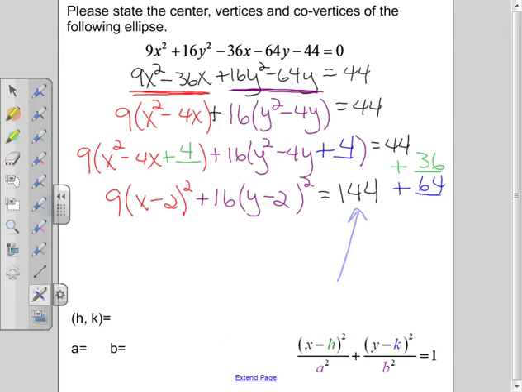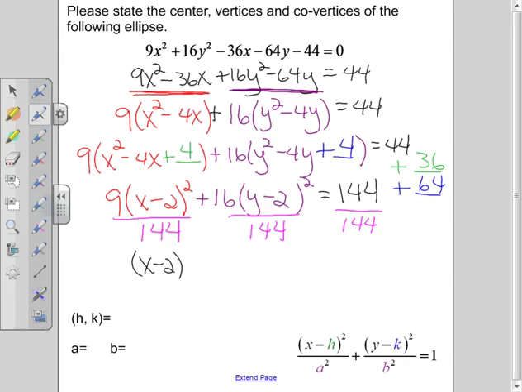Well, the good news is I can actually divide both sides by 144, which means I'll divide both terms on the left by 144, and I will write the result of that, which is going to be x minus 2, the quantity squared, over 16 plus, simplifying this fraction, y minus 2 squared over 9, which is equal to 1.